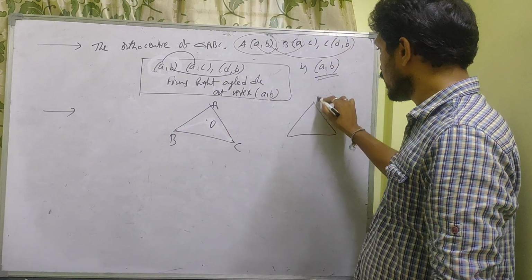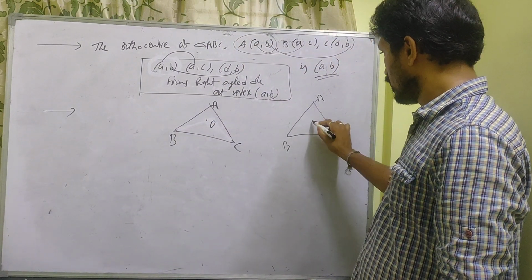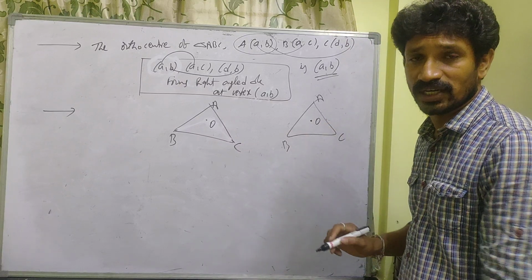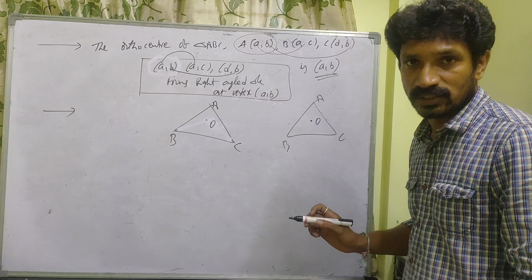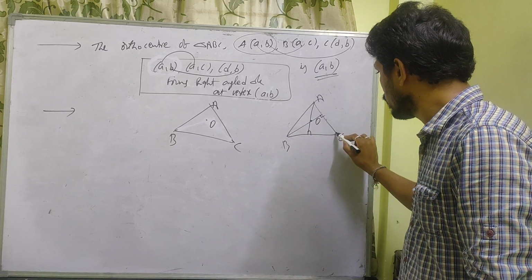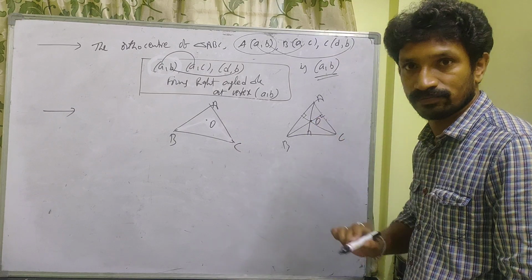Triangle ABC you take. Let us take this is the orthocenter. What is orthocenter? Point of concurrence of altitudes. It is perpendicular, it is perpendicular, it is perpendicular.